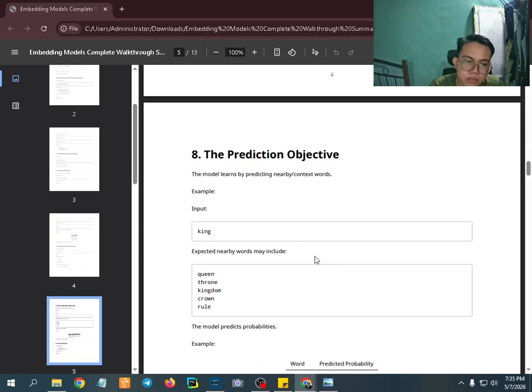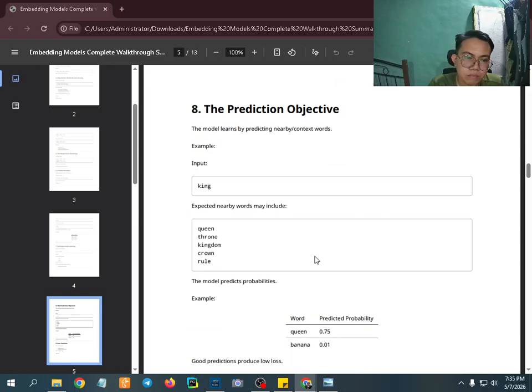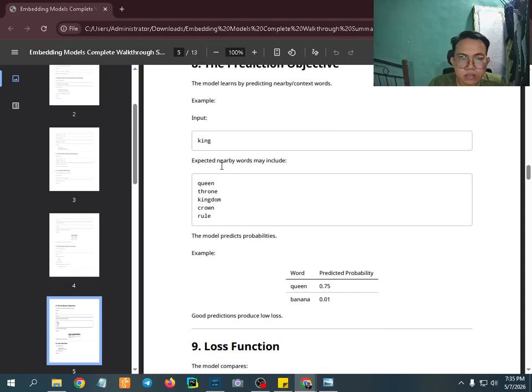Next is the prediction objective. The model learns by predicting nearby words. For example, if we have the input word king, the expected nearby words may include queen, throne, crown, and rule, because these words often appear in many data sets along with the word king.